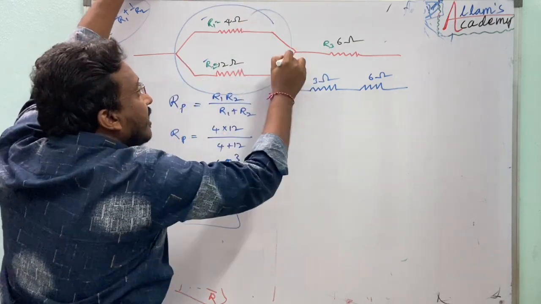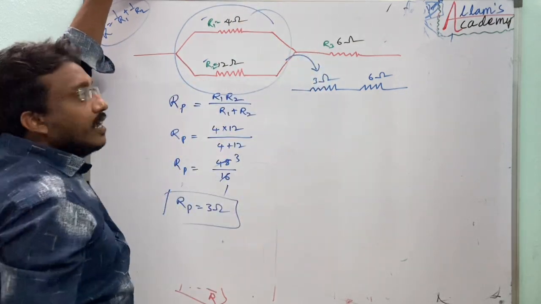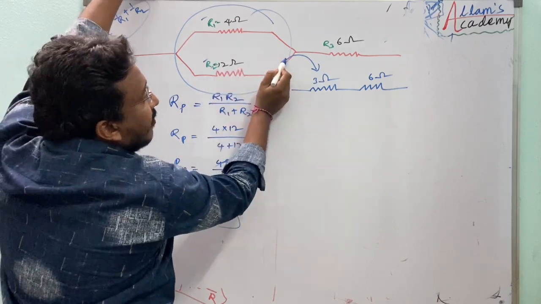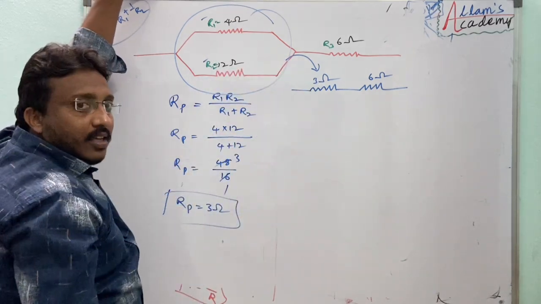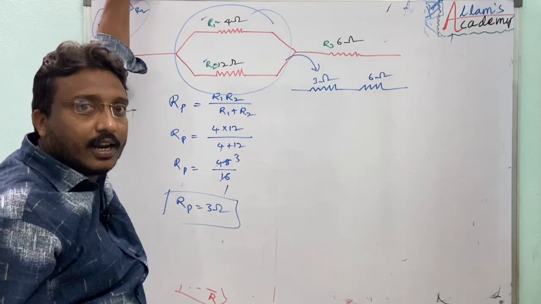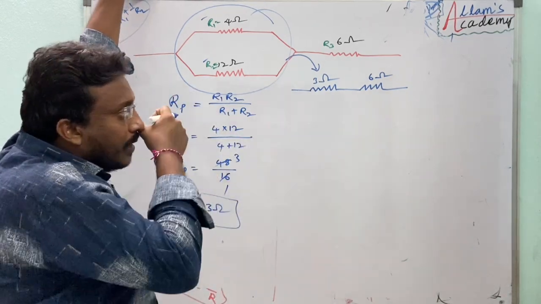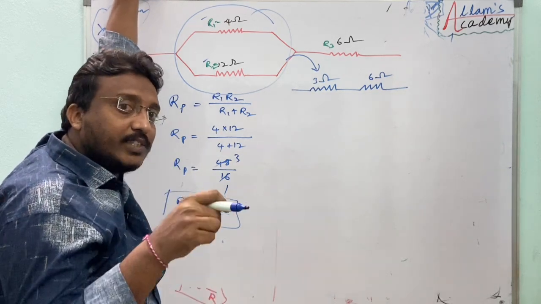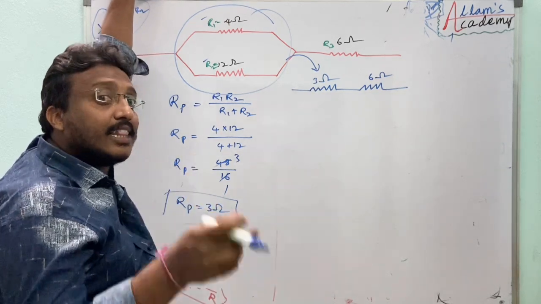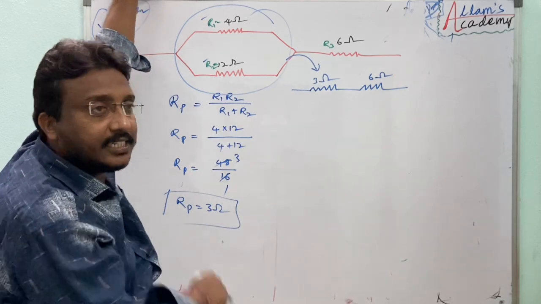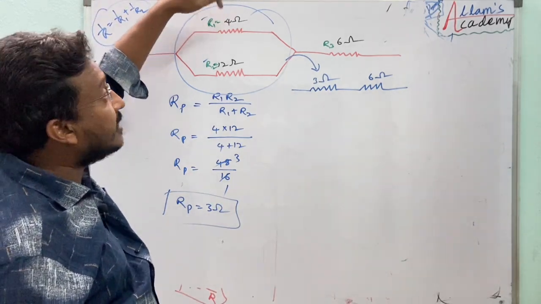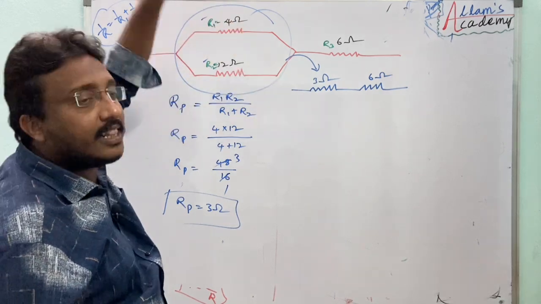Effective resistance of this parallel connection, we got 3. Is our answer correct or not, sir? One point I said just before: the effective resistance of a parallel connection is always less than the lowest resistor used in that circuit. Here the lowest resistor is 4 ohms, and 3 is less than 4, no?